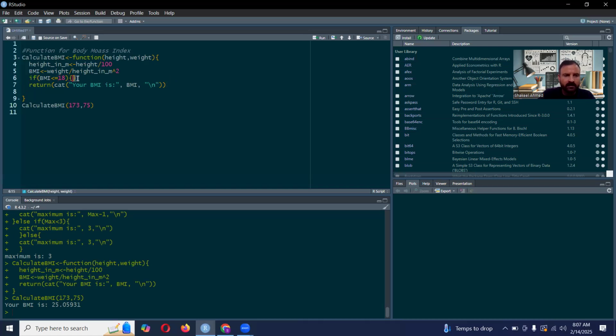then you are underweight, as your BMI is whatever the BMI is.